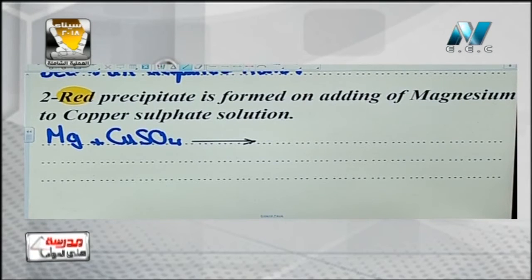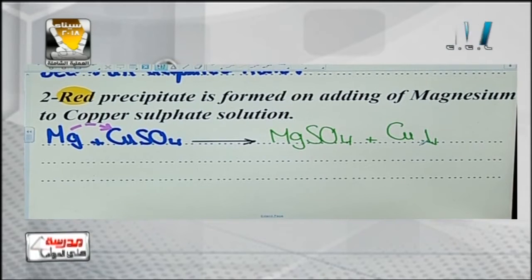Magnesium will replace what? Will replace copper and get it out. So we have as answer MgSO4 plus Cu, red or reddish brown precipitate.